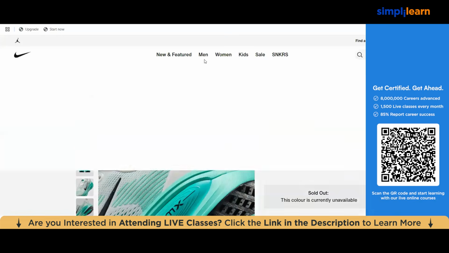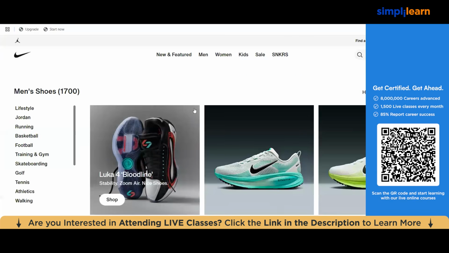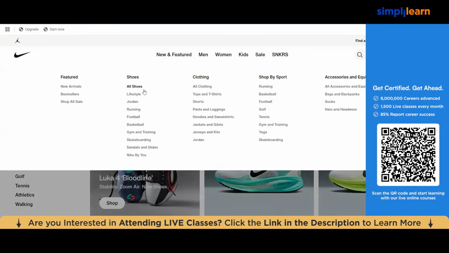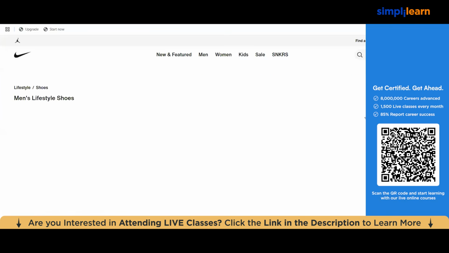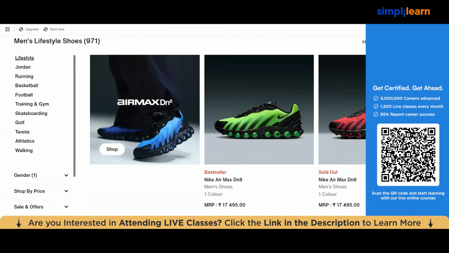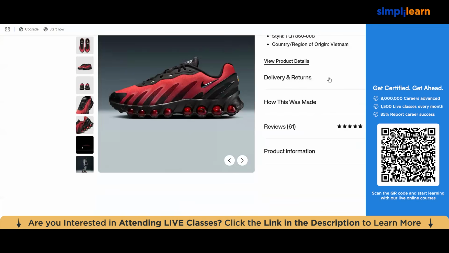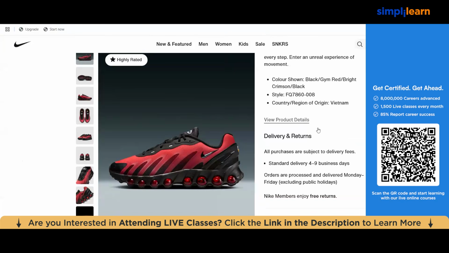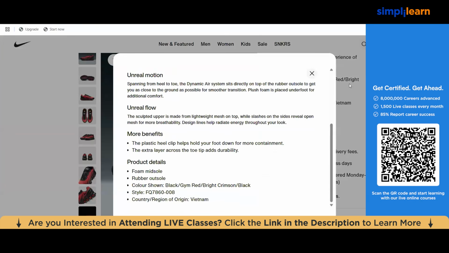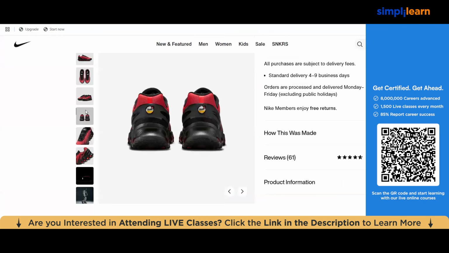So over here again, I go, and let's suppose I buy for lifestyle. And you see, I'll go for the red one. You see, everything is there, the details, the kind of images from all angles.